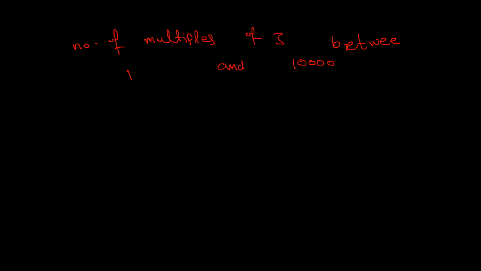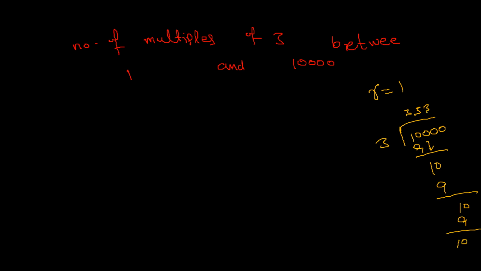You can see that when we divide 10,000 by 3, the remainder r will be 1. You can do this fast: 3 3s are 9, and then the 0 comes down, 3 3s are 9, and then again, 3 3s are 9, which makes the remainder 1, right? So remainder r is 1.